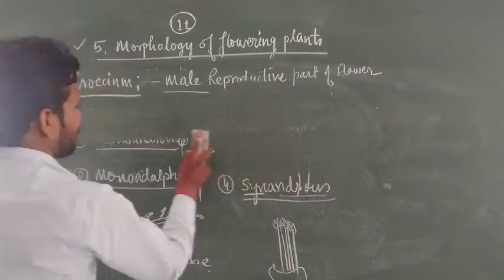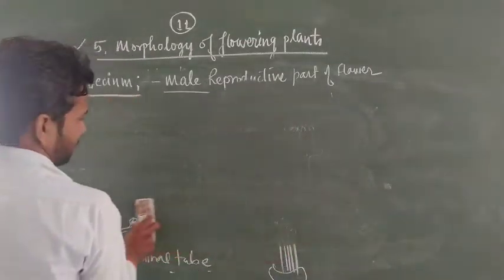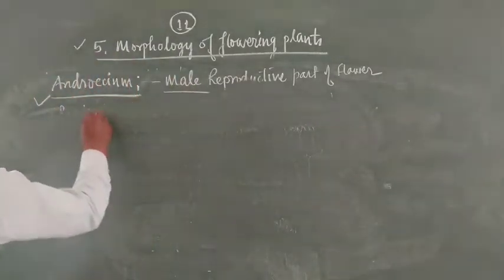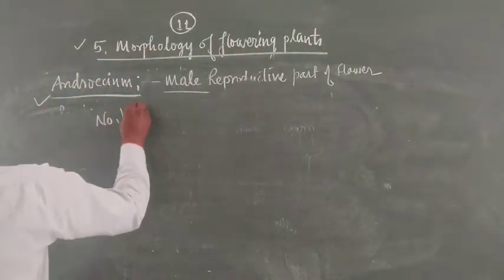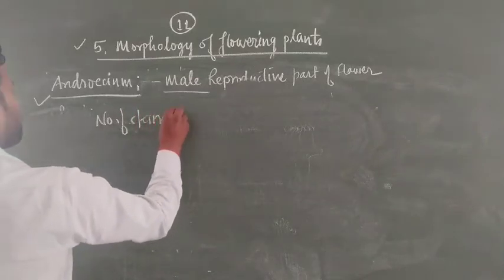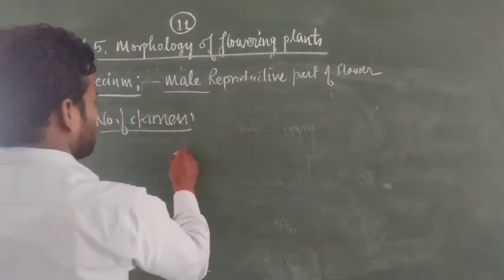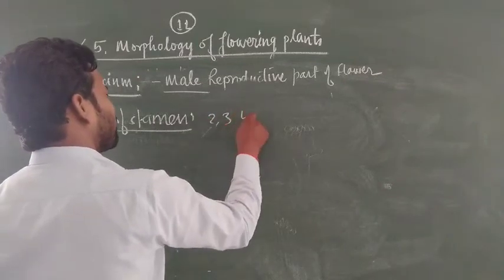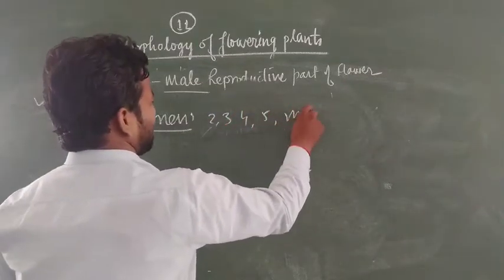Generally, if you are talking about the number of stamens, another terminology other than position, we can find in a flower the number of stamens may be 2, 3, 4, 5 and many.